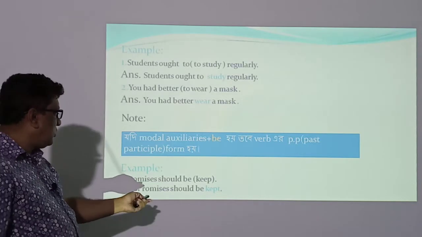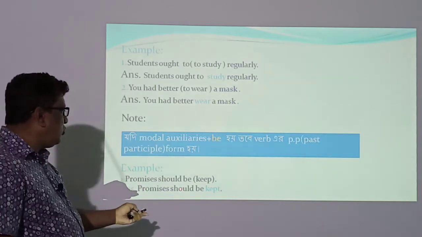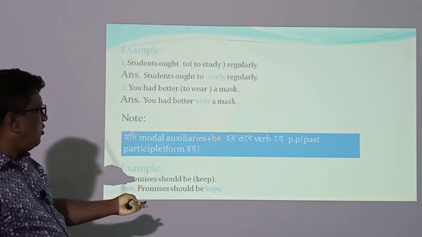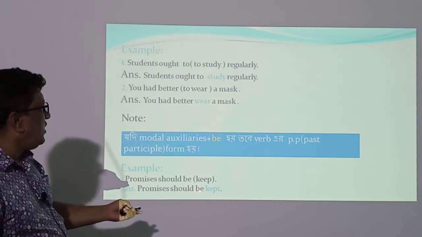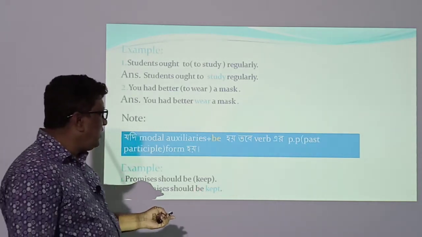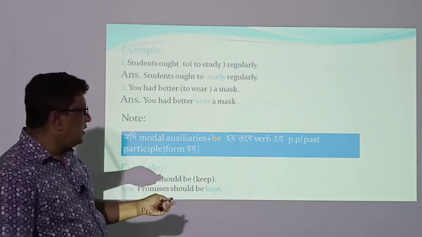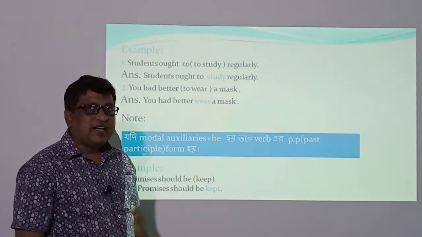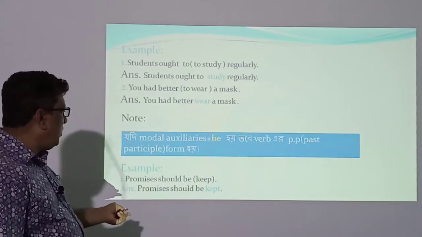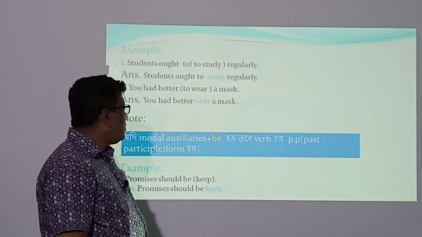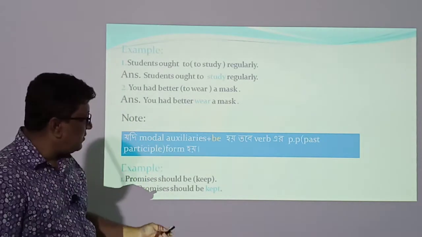As the modal auxiliary should is followed by auxiliary verb be, we will use the past participle form of keep, that means kept. So our answer will be promises should be kept.